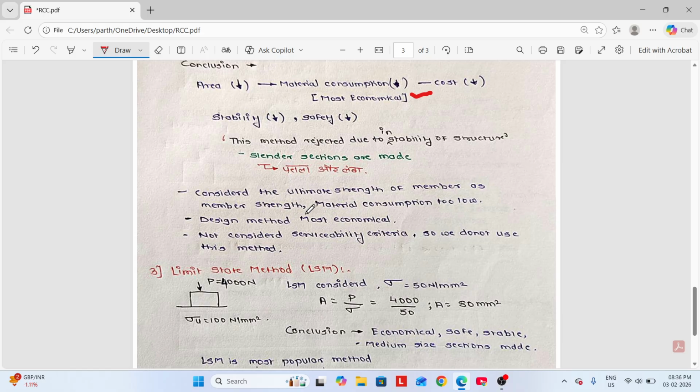As the material consumption is too low, here the ultimate strength of the member is considered. This design method is the most economical, so the material is reduced and the area is reduced, so the cost of the material gets reduced. In this method the serviceability criteria is not considered, so we do not use this method.